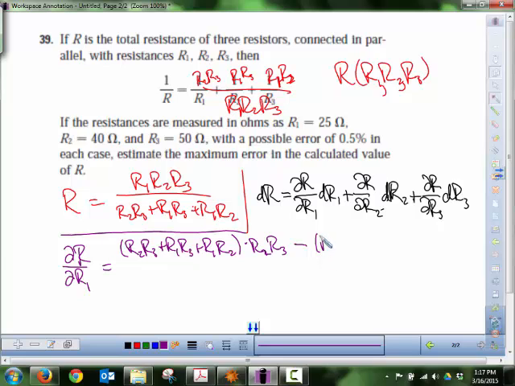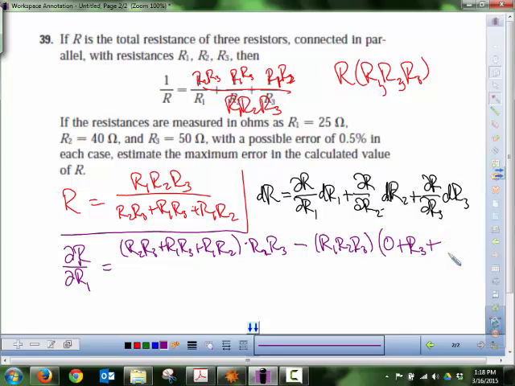So the high is R1, R2, R3 times the derivative of the denominator with respect to R1. So this is a sum of terms, and so I look for the terms with R1, and the terms that don't have the R1 disappear. So the first one's 0. The derivative of R1, R3 with respect to R1 is just R3. That's your constant.